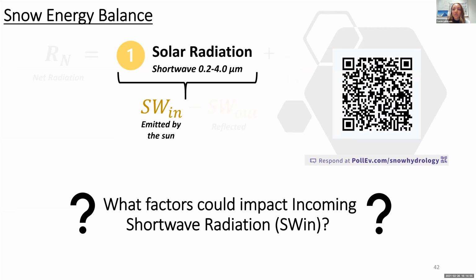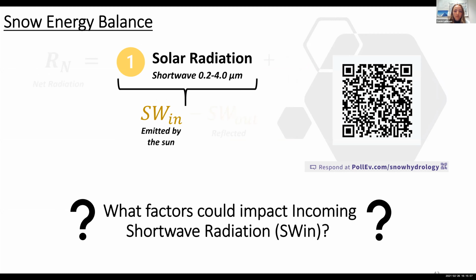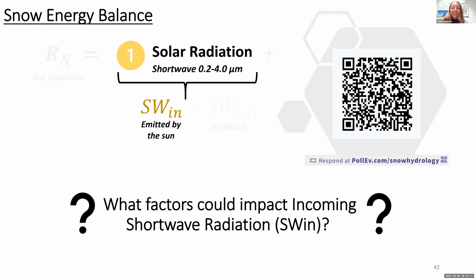If you can scan this again and do what we did before, you should be able to type in and let me know what you think could impact the incoming shortwave radiation. I think you can upvote other people's answers and we can see which gets the most votes.